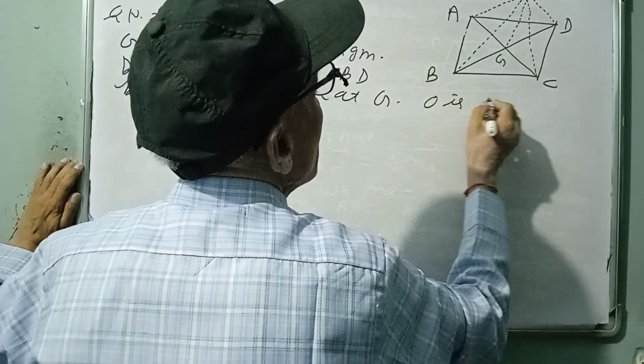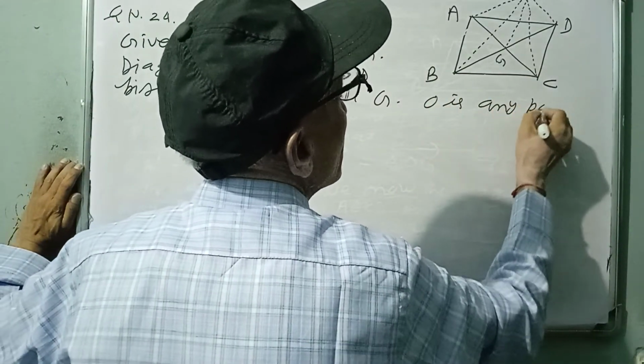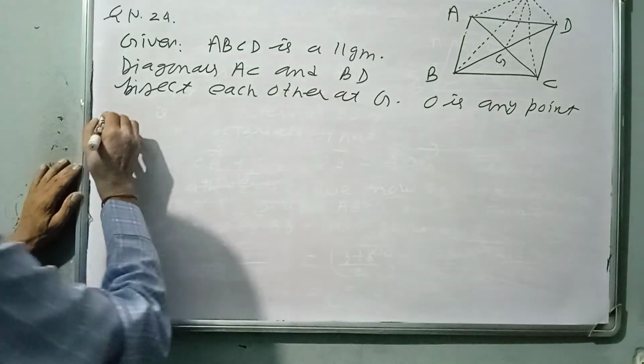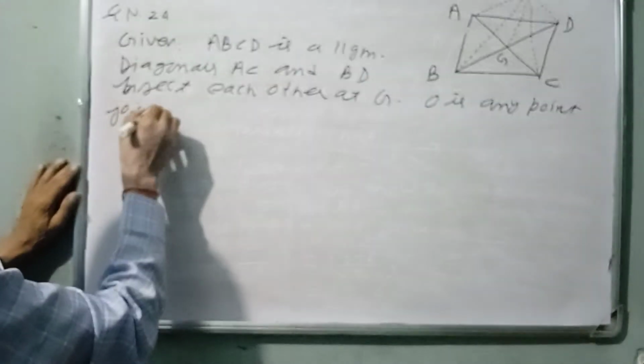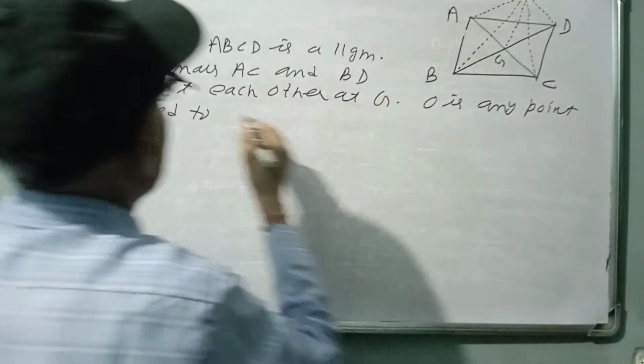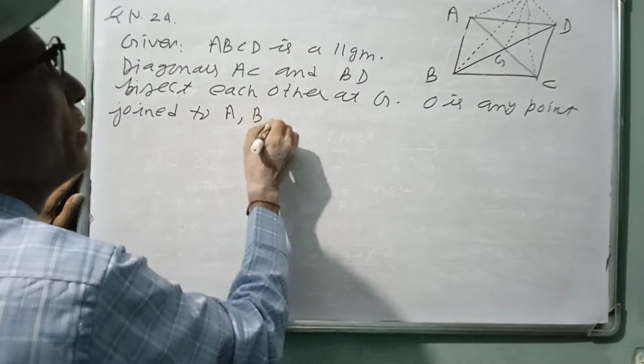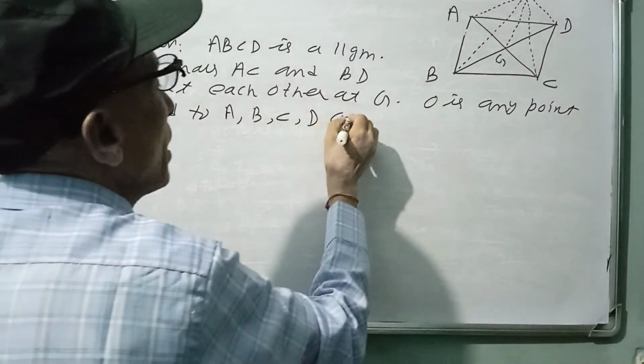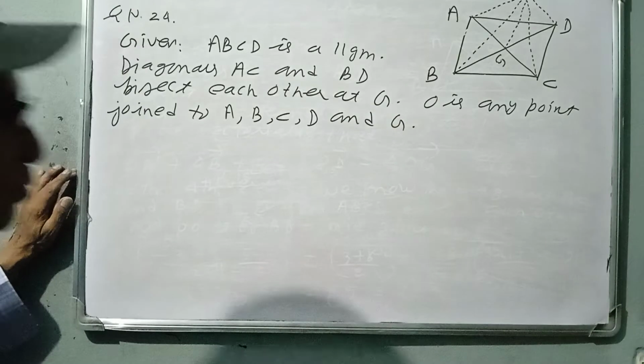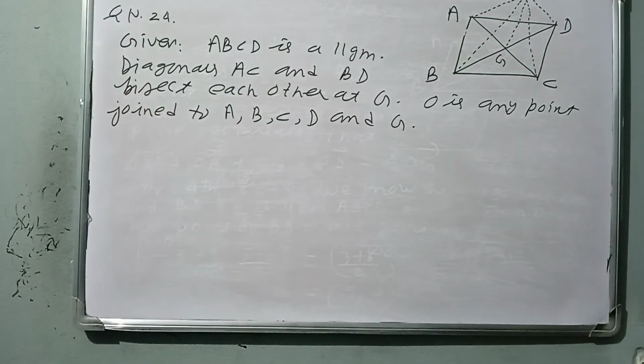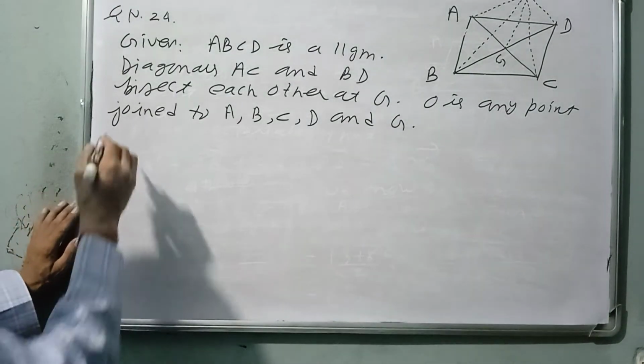O is any point joined to A, B, C, D and G. What to prove?